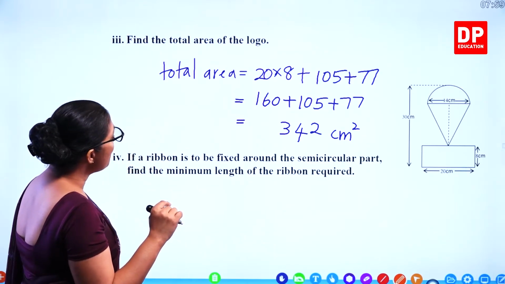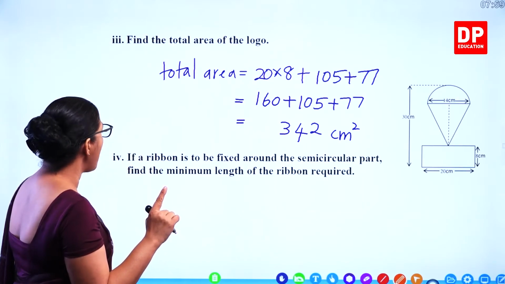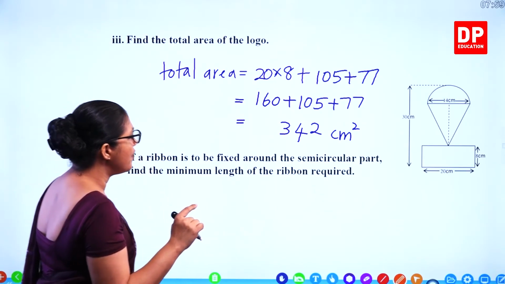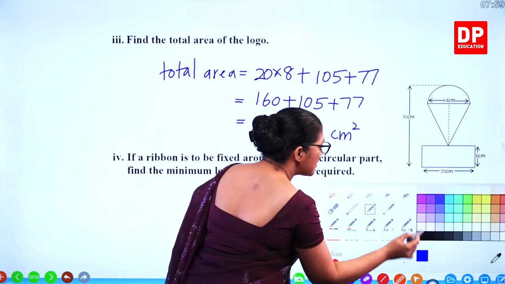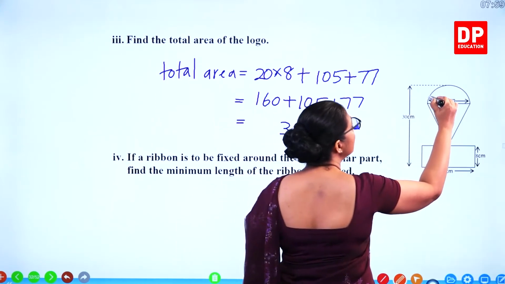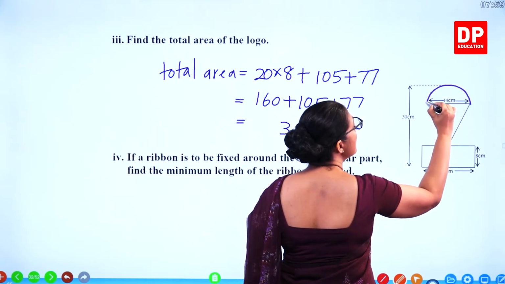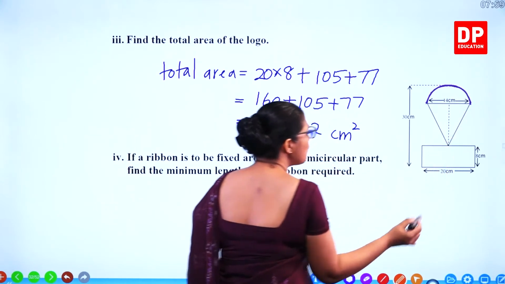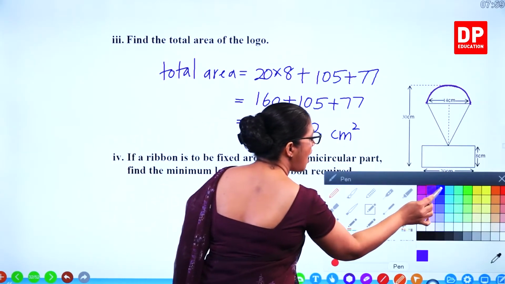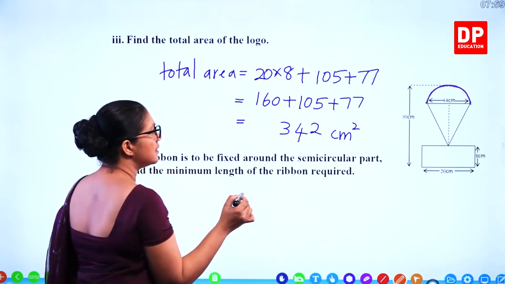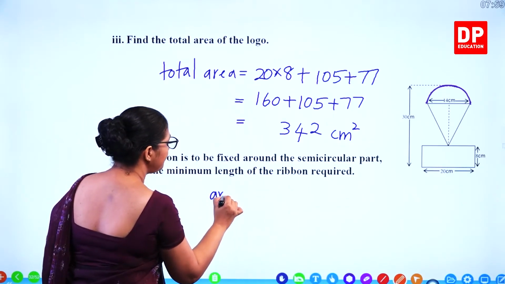If a ribbon is to be fixed around the semicircular part, find the minimum length of the ribbon required. So that means only here. Ribbon is from here to here. So you need to find out the arc length. Arc length of the semicircle. So what's the arc length?